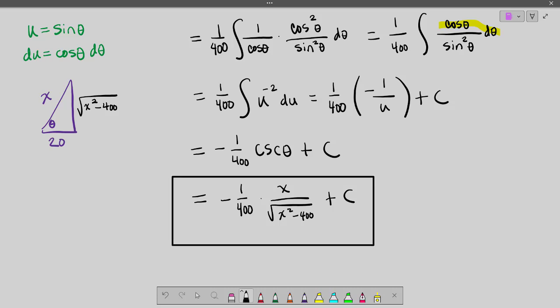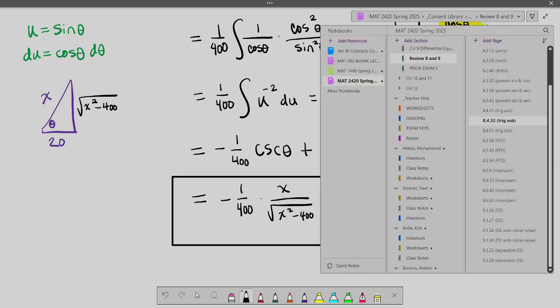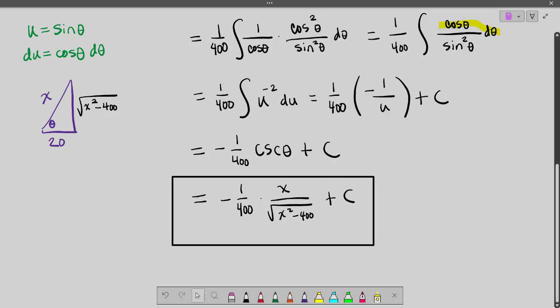More correctly, our family of antiderivatives, indefinite integral. Question. Yes? Don't you have to multiply the square because you can't have it in the denominator? You can have a square root in the denominator. Oh, okay. That's fine. Yeah, you could rationalize the denominator if you wanted. You could multiply top and bottom by square root of x squared minus 400. But you don't have to do that.